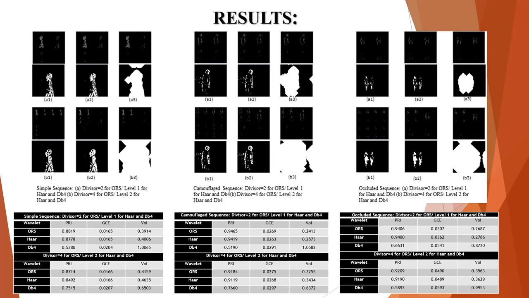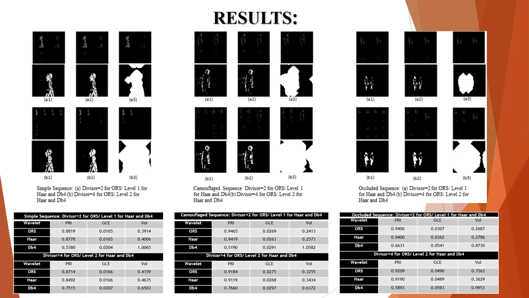This slide presents the first set of results, which include comparing the object detection in frames with different levels or divisors considered for HAR, DB4 and RS wavelet respectively. The principle for selecting the main object to be tracked is calculated by the significant segmented area the object occupies in the frame.